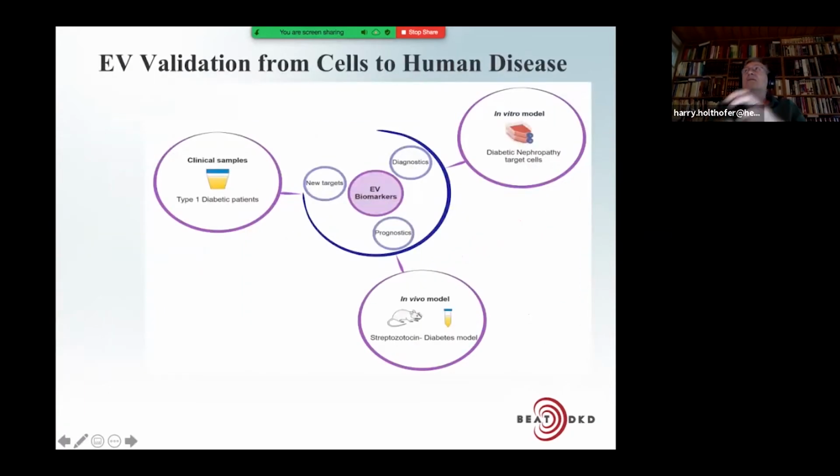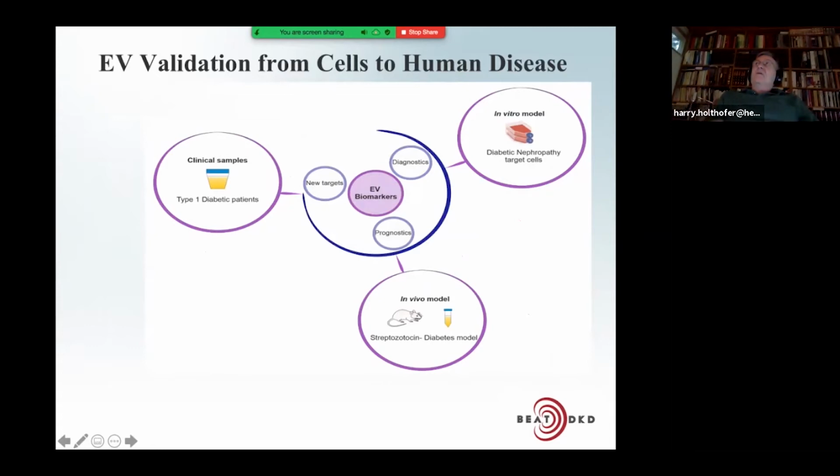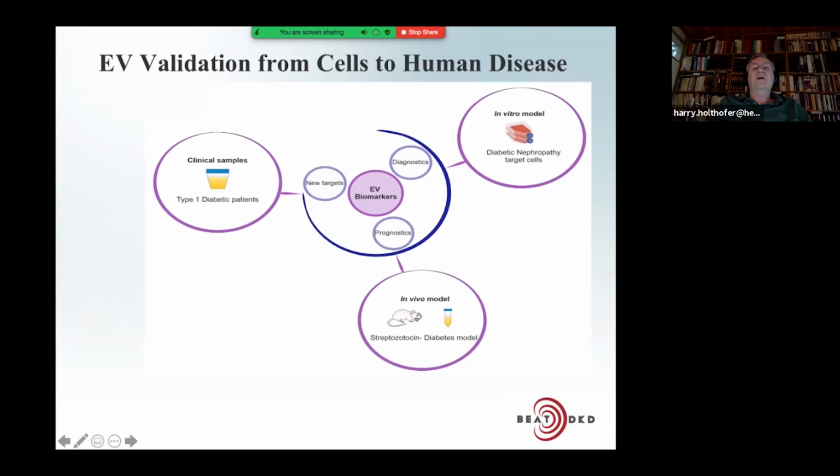So this is the basic setting where we wanted to test the methods and especially the HFD method. What we are doing here is hunting EV biomarkers for diagnostics, for prognostics, and for new target identification for new medications.